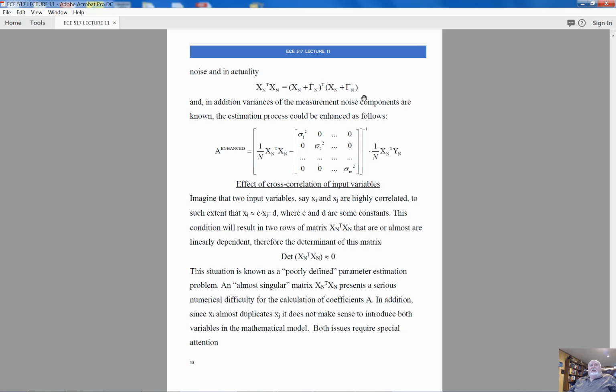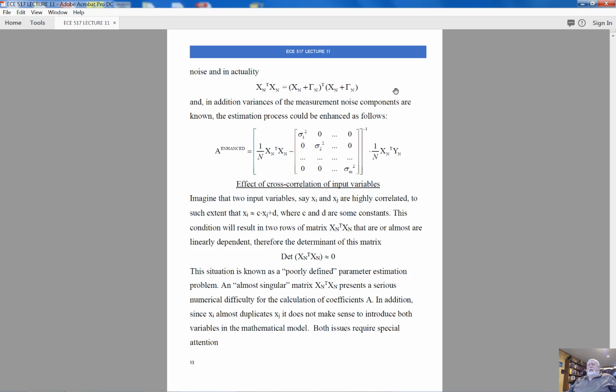I do not have x without noise. And therefore, when I calculate this xn transpose times xn, I'm actually getting this expression where noise is present, with one additional fact: the noise cannot be seen as clearly as it could be seen in this formula.